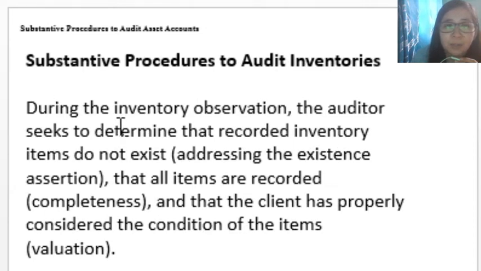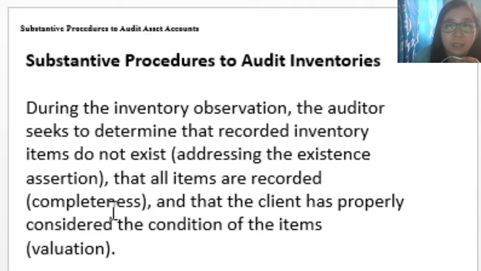So during the inventory observation, the auditor will also seek to determine if the recorded inventory items exist or do not exist. This addresses the existence assertion, meaning whether the inventory on hand is owned by the entity or is owned by other parties. The auditor can also determine that all items are recorded.